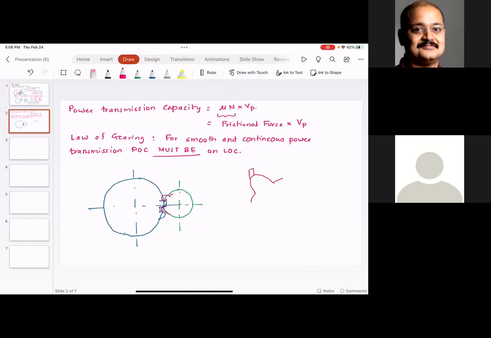Because of the shape of the gear, the force that is causing the transmission to work, the force that is transmitted from the big gear to the small gear, is not going to be perpendicular to the line of centers.